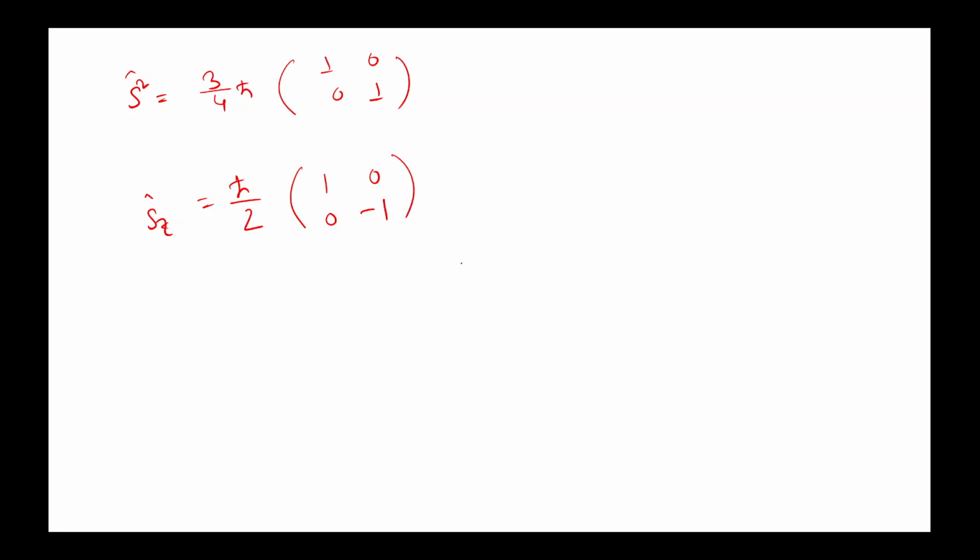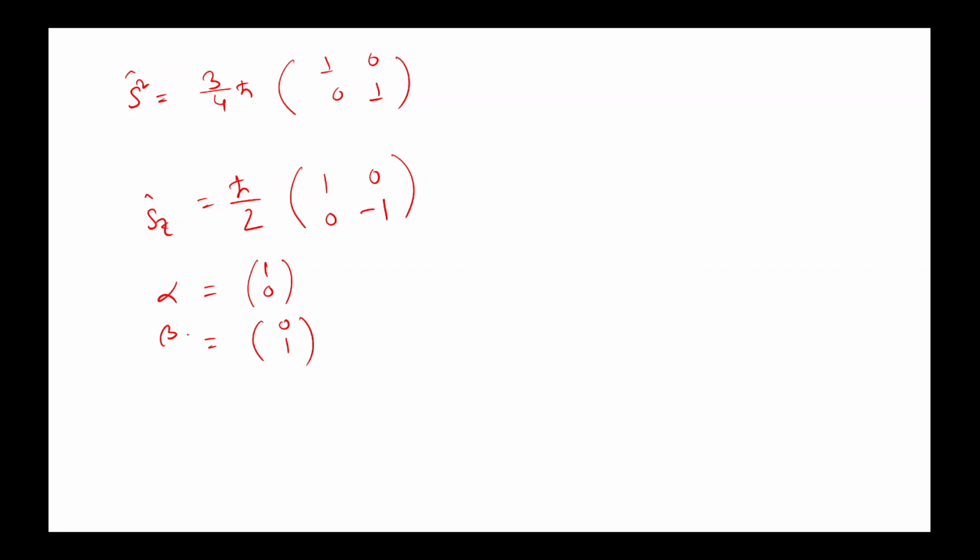So we have found out the matrix. Now how do this alpha and beta look like? I think you all know that alpha is represented as a column vector 1 0 and beta as 0 1, right? So let's see.